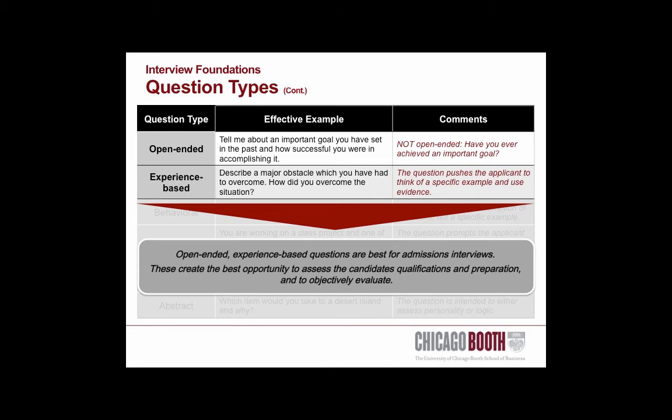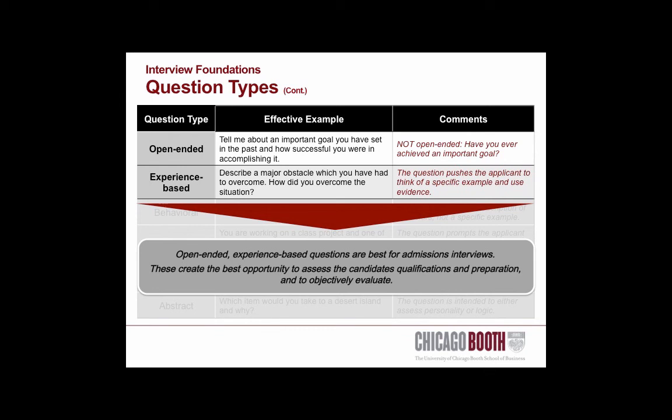Given the variety of question types, and when we think about what we're trying to accomplish in the admissions interview, there are a couple of question types which really do better serve our desired outcomes than others. Essentially, the open-ended and experience-based questions really help us better get at the assessment that we're looking for. There's a couple of reasons for that. Both of those question types really push a candidate towards providing a specific example.